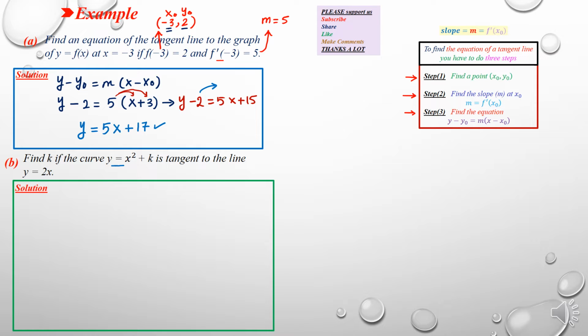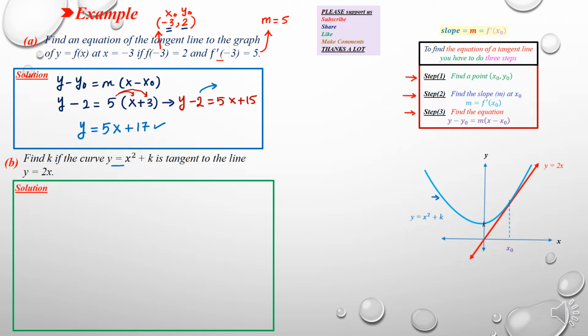So it will be like this. Here is the function, y equals x squared plus k, and this is the tangent line, y equals 2x. And you have to find k at which y equals 2x is a tangent line for the given curve.